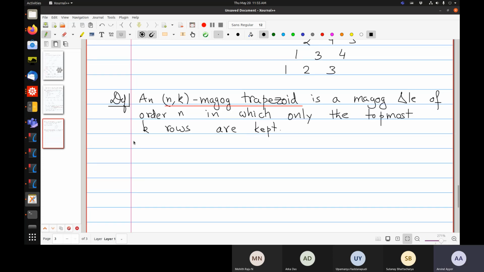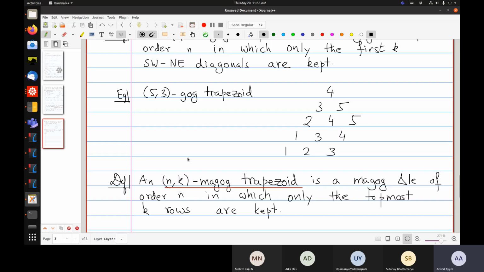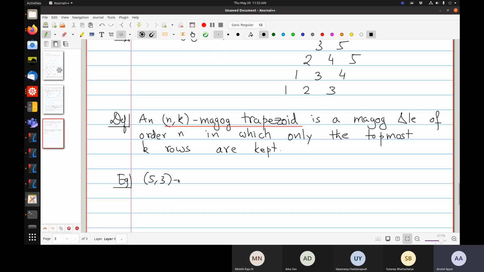So let me give a different example, a 5-3 magog trapezoid.